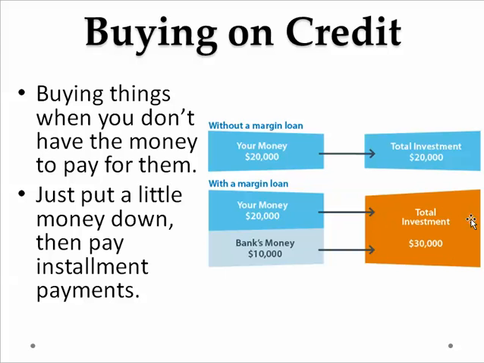Your total investment would be $30,000. After the stock prices increased, you would pay off your margin loan from your stockbroker or bank. This is a risky situation, and a lot of people were doing this, speculating in stocks.